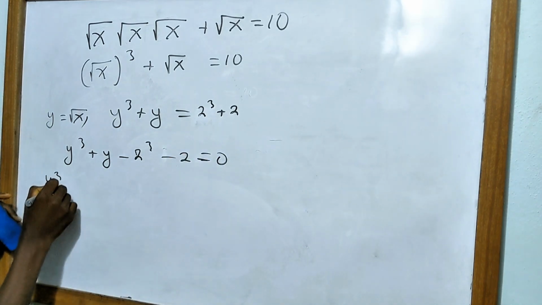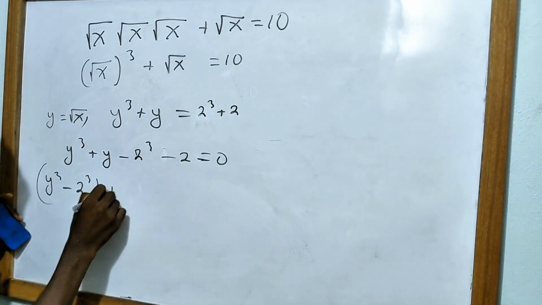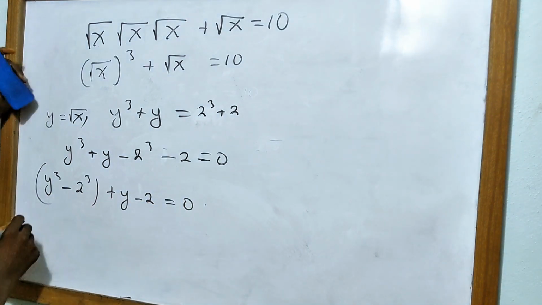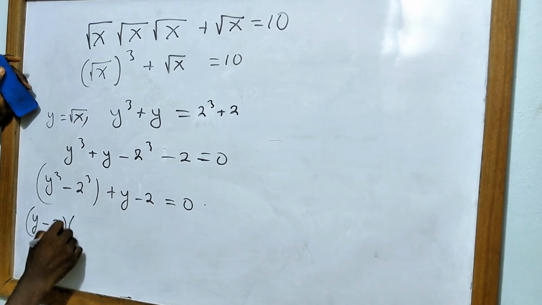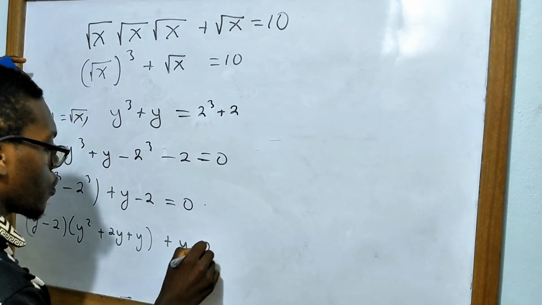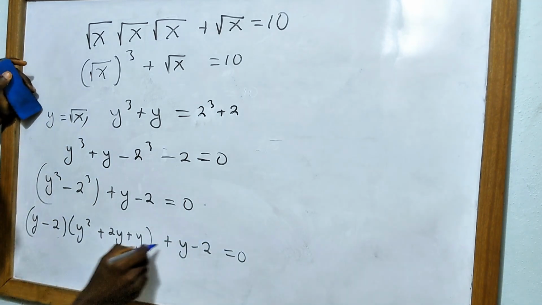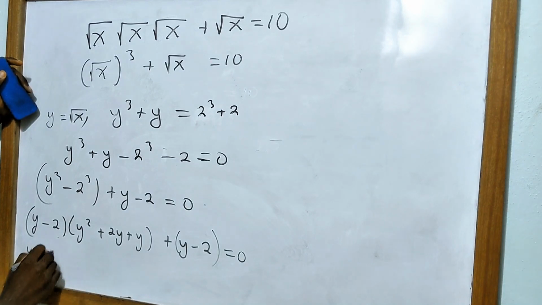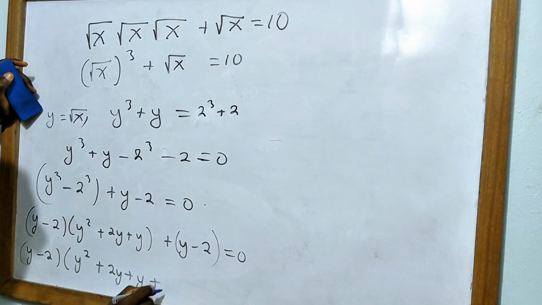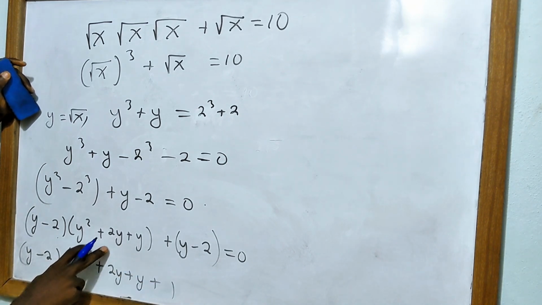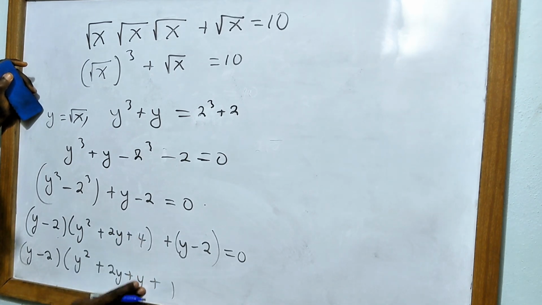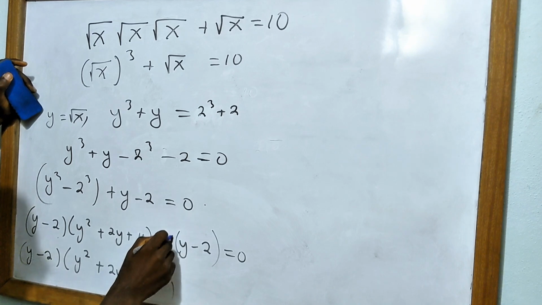Hence, we have y cubed minus 2 cubed plus y minus 2 equals to 0. We know that y cubed minus 2 cubed is the same thing as what? y minus 2 times y squared plus 2y plus 4, plus y minus 2 equals to 0. y minus 2 can be factorized out, and we have what? y squared plus 2y plus 2 squared, so that will be 4, plus 1, since we had a 1 here.